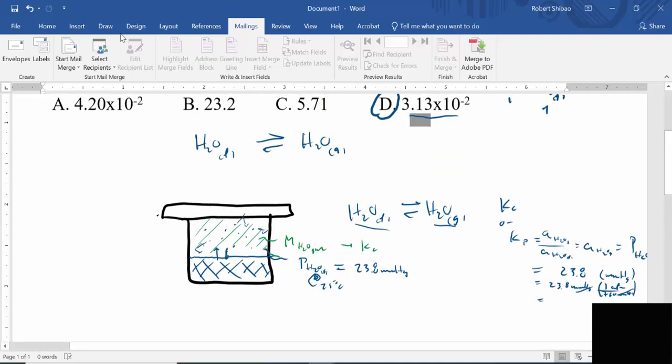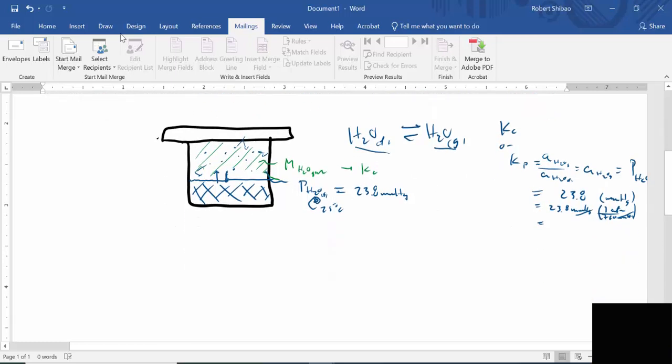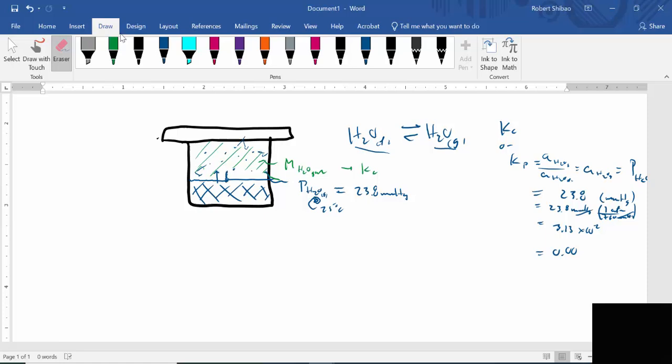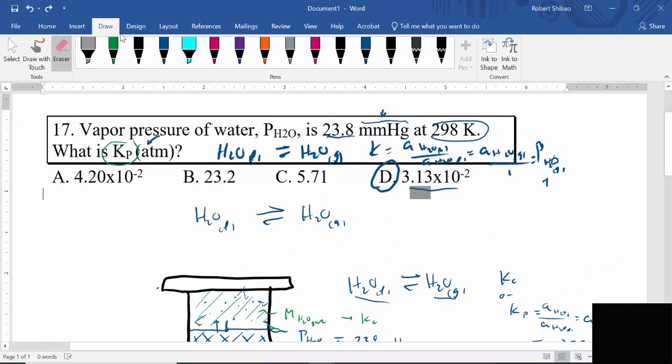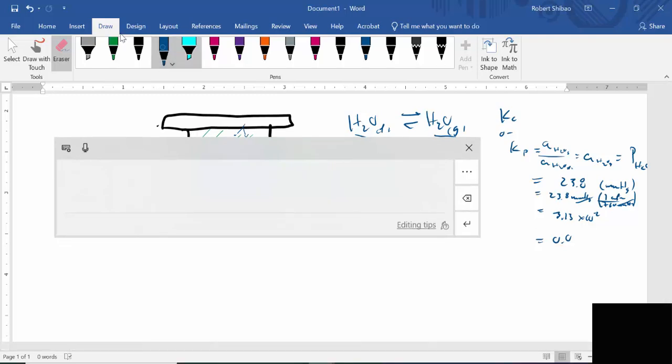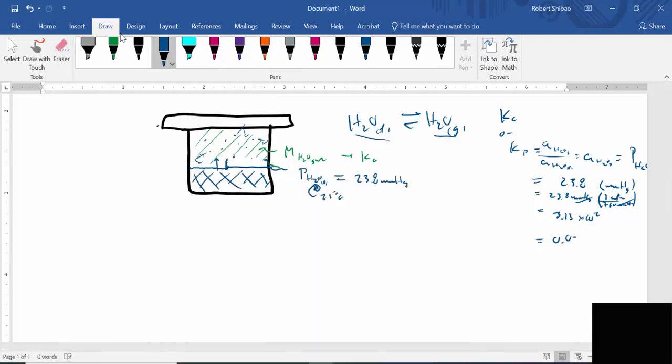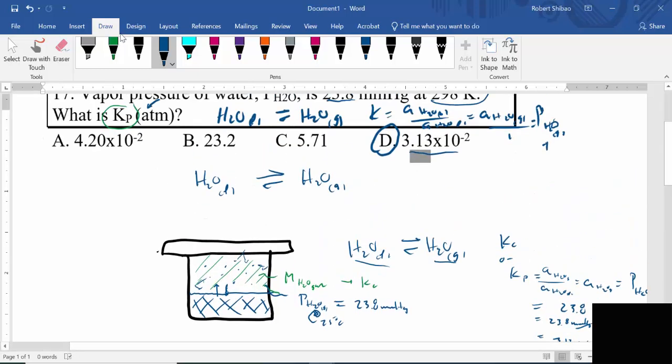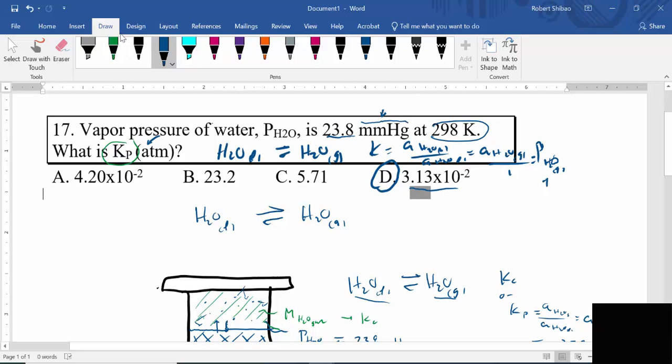And so here it comes out to 3.13 times 10 to the minus 2, or 0.0313.